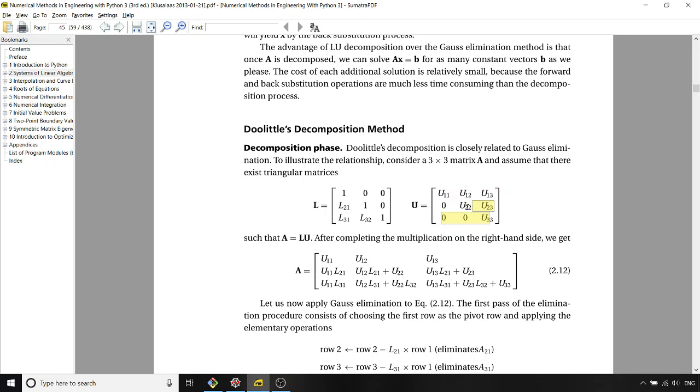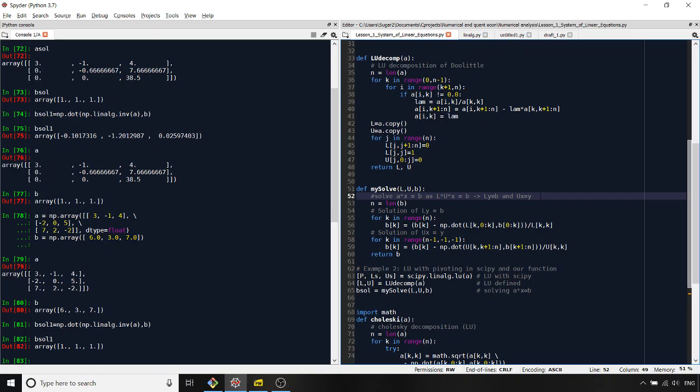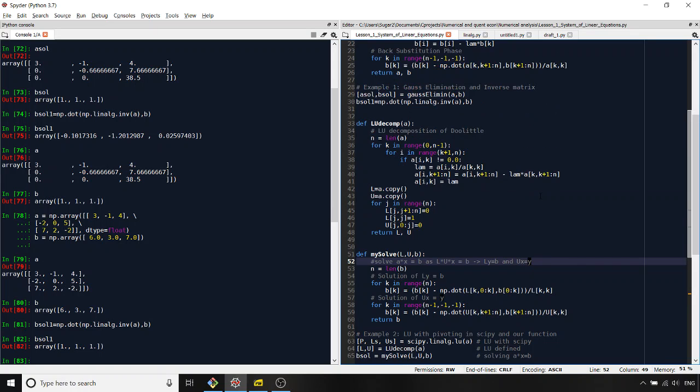For an upper triangular matrix, we know from the Gauss elimination method how to do this very easily. It's the same way as in the lower triangular matrix. So both lower and upper triangular matrices are very easy to calculate with. We just multiply and divide. So that's the motivation for using LU decomposition.